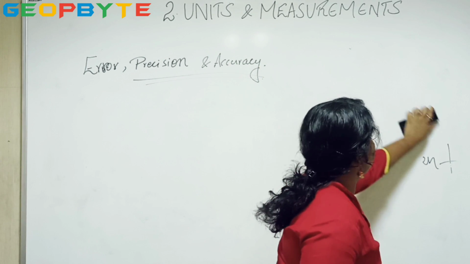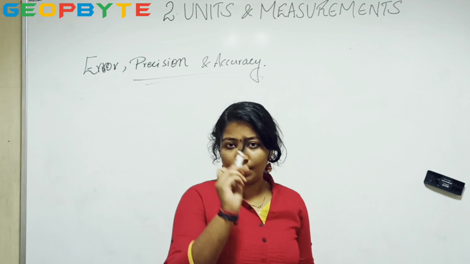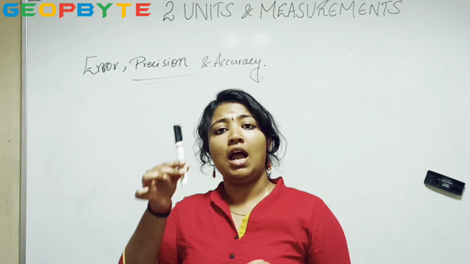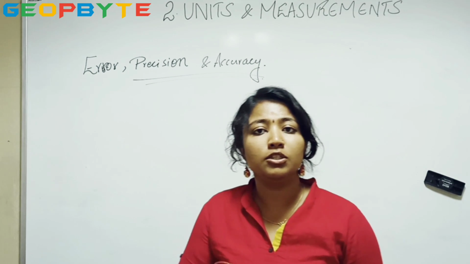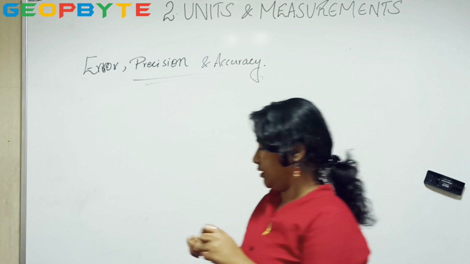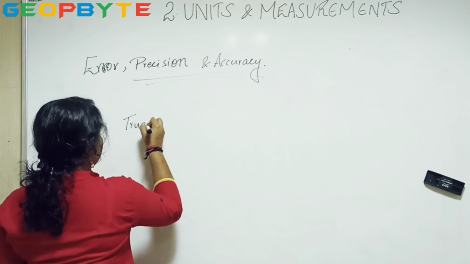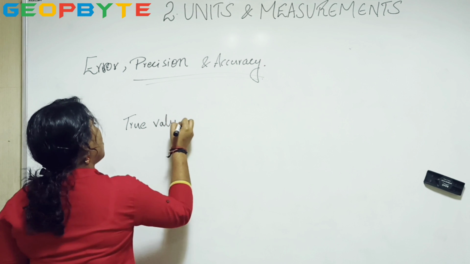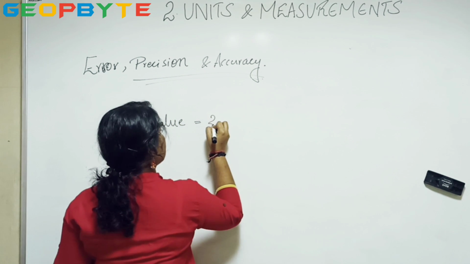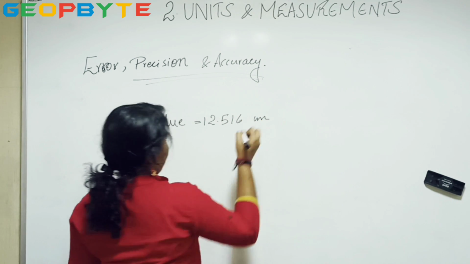What do you mean by precision and accuracy? This is a marker. I am asking 3 people to measure the length of this marker. Suppose the true value of this marker is 12.516 centimeter.